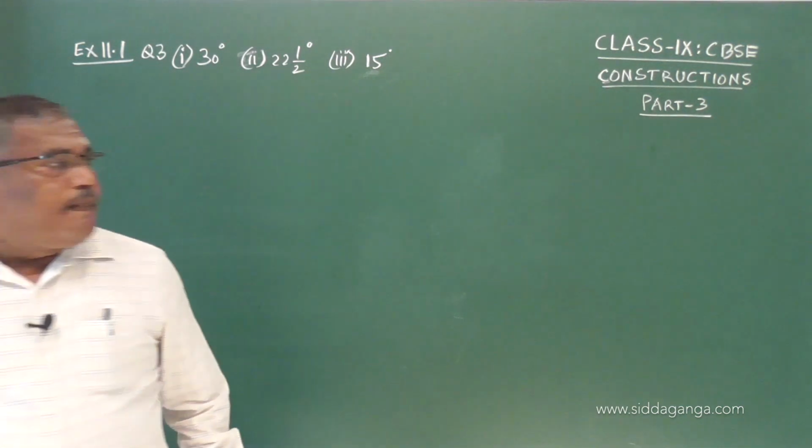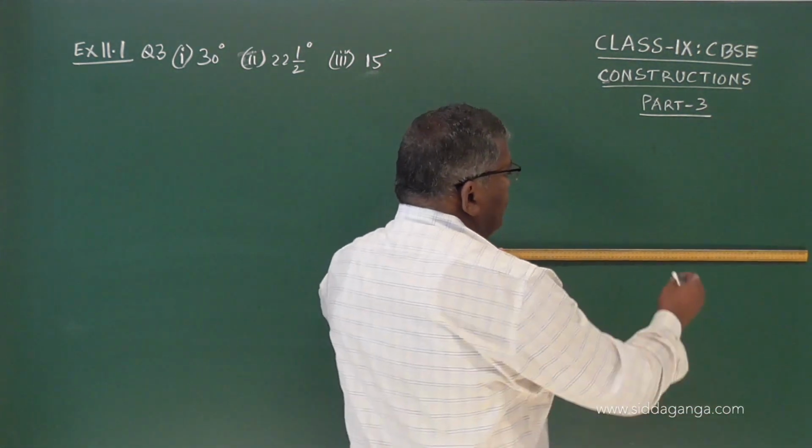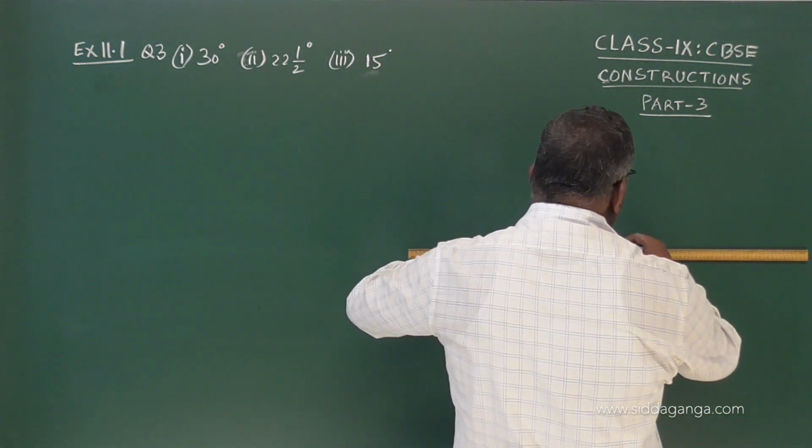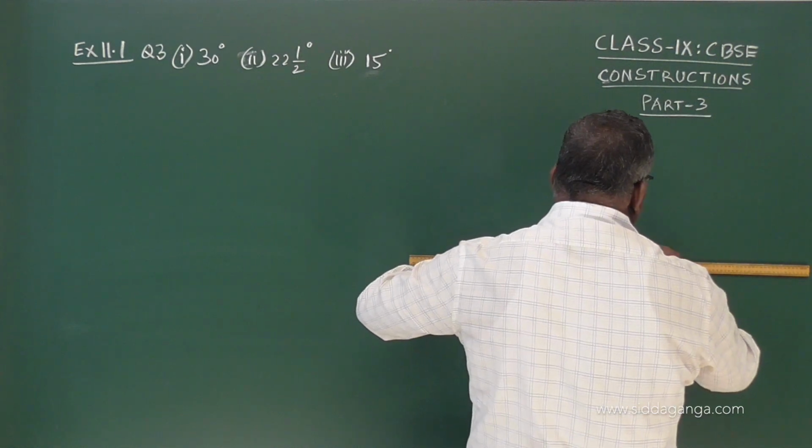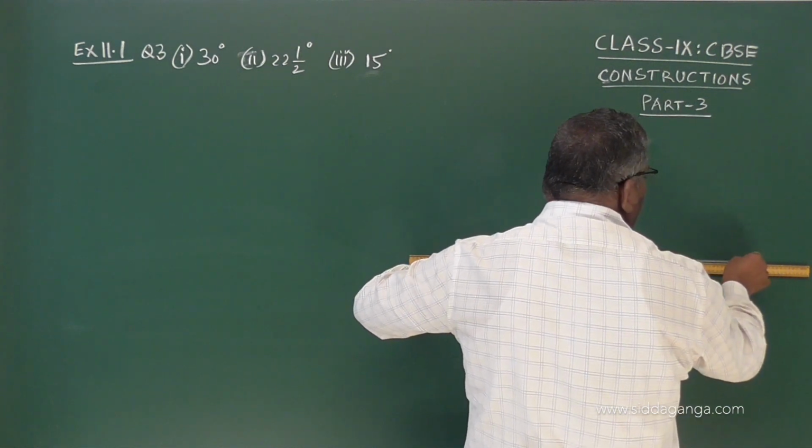So first, in general, I will draw a drawing here. You carefully observe it. Suppose we have a line BC, let us say.